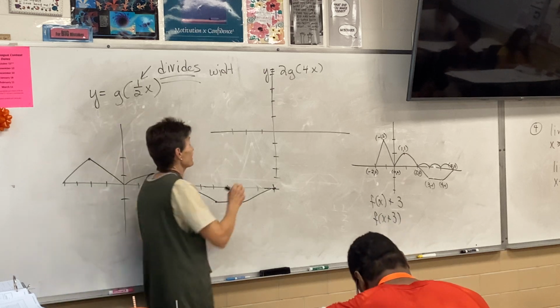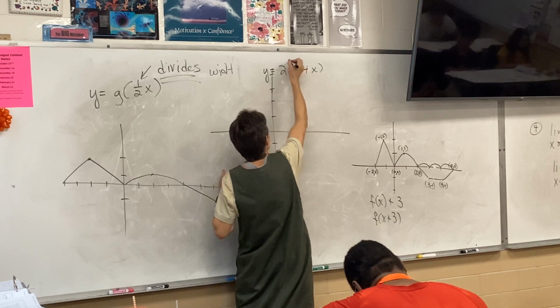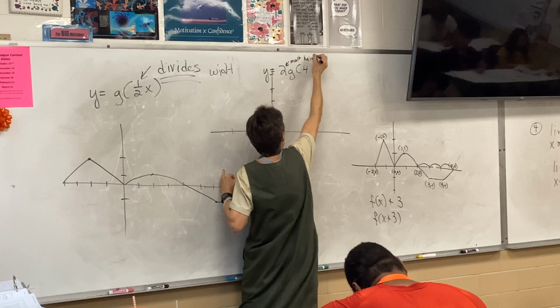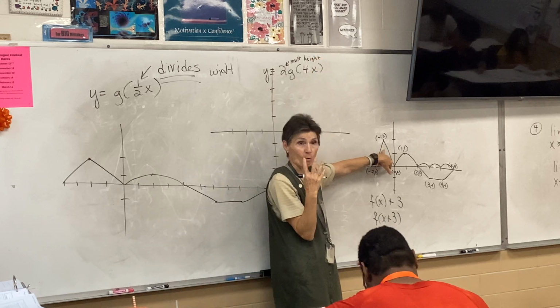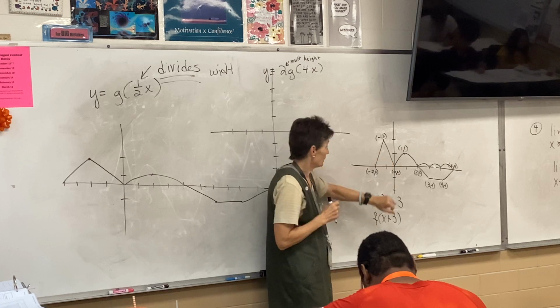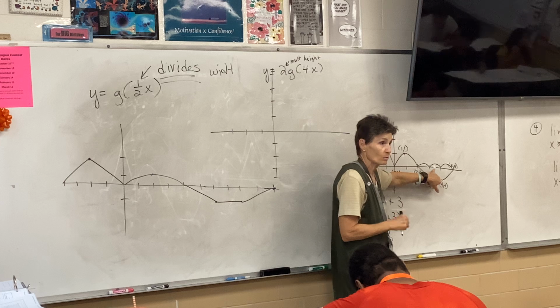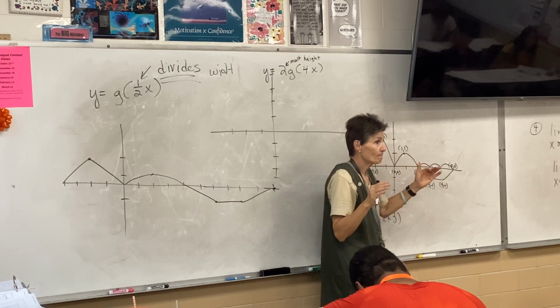What does this guy do? Multiply. So he multiplies the height. So that means my triangle is actually going to be 4 tall. My semicircle is going to be 2 tall. And my trapezoid is going to be 2 tall. Everybody okay with that?